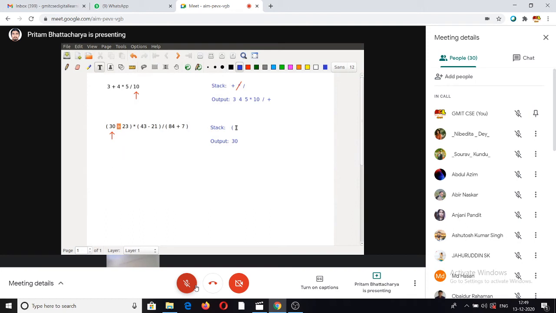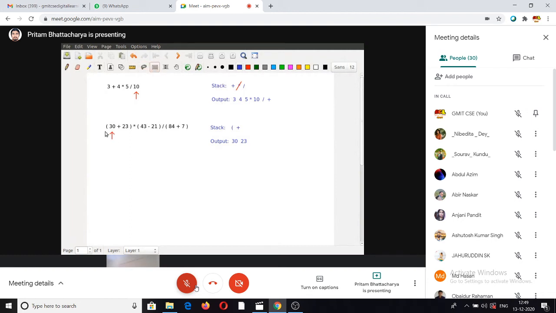Currently at the top of the stack there is only a parenthesis, and no other symbol to compare it with. So if the top of the stack is an open parenthesis, then I simply add the operator to the stack. After that we have an operand, 23, so I just send it directly to the output.